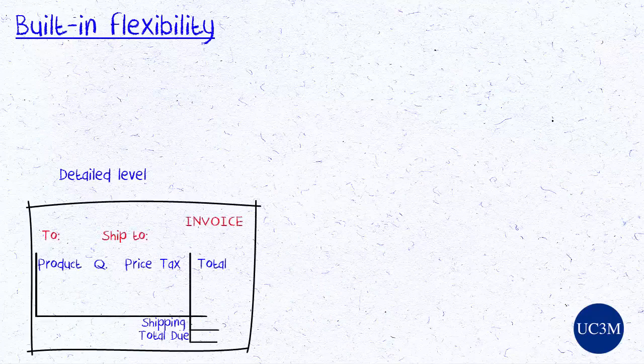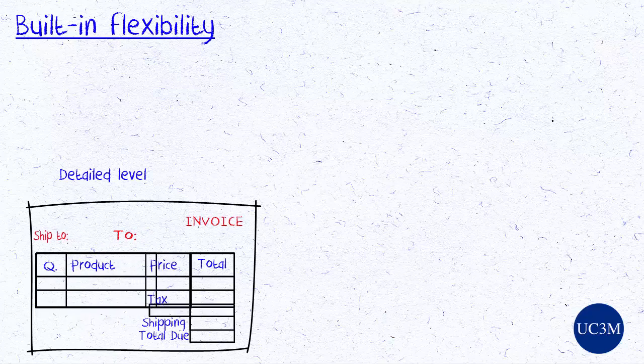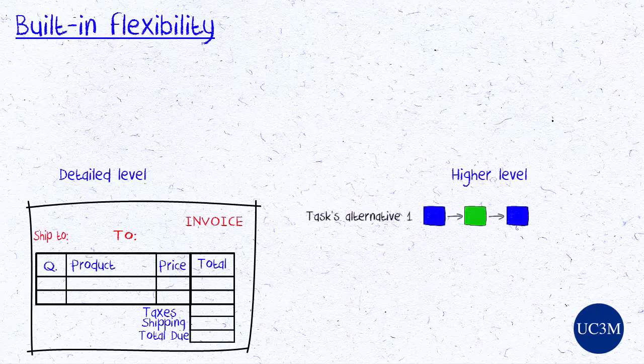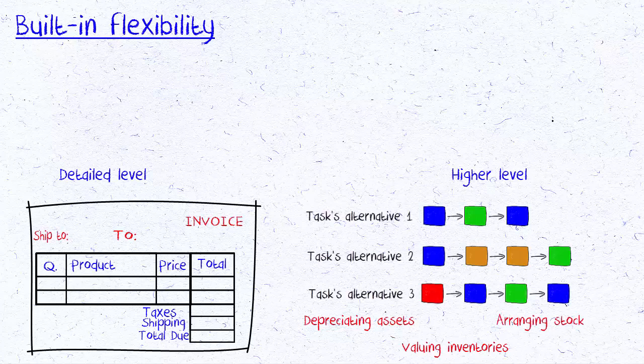At a very detailed level, the specific fields included in each business document, such as invoices or purchasing orders, and the options and layout of the management information system's menus, as seen by its users, can be specified by choosing the right parameters. At a higher level, the way specific tasks are accomplished can often be chosen from among a number of alternatives, such as the approach used for depreciating assets, valuing inventories, or arranging stock in a warehouse.